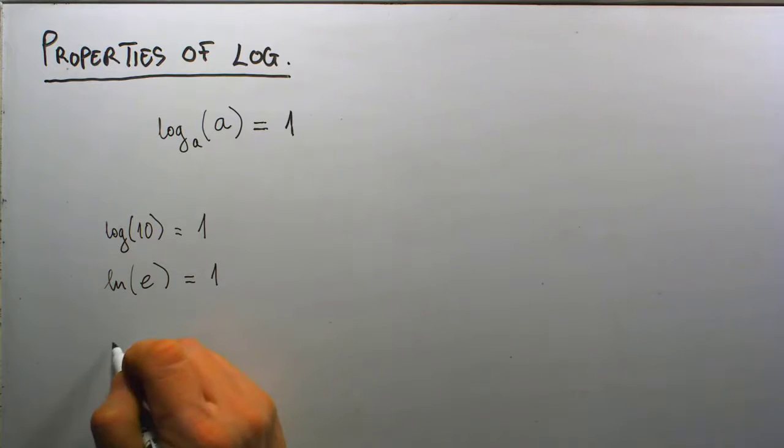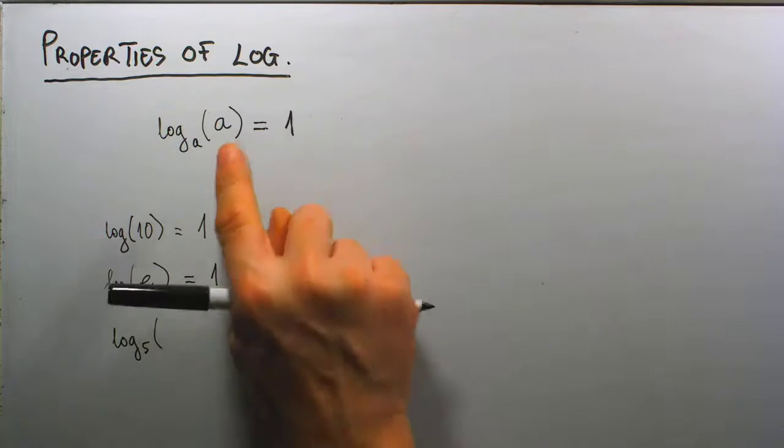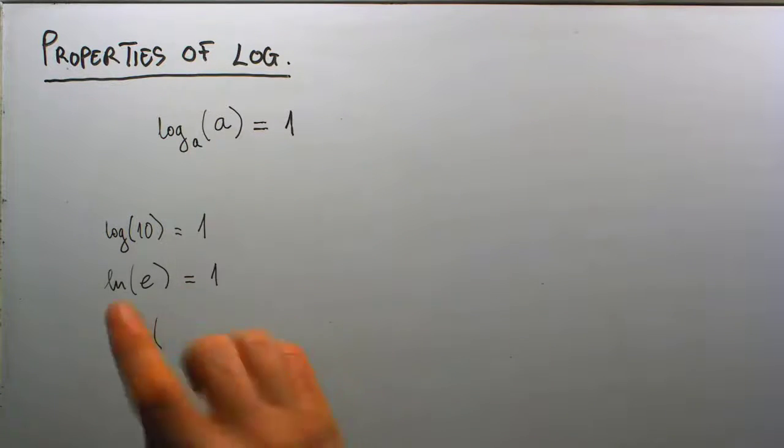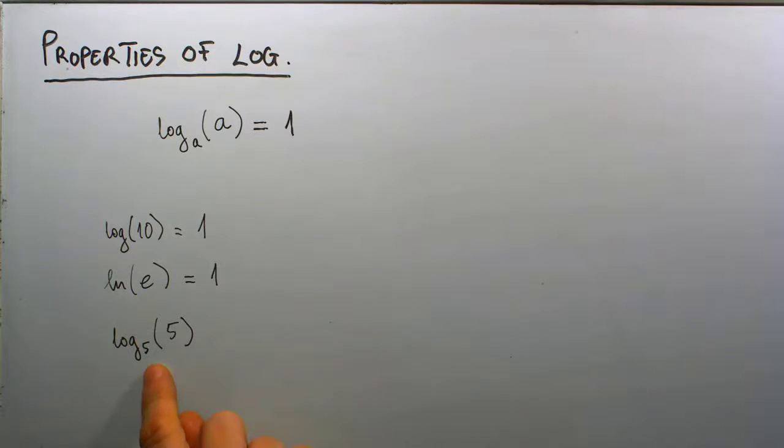Okay. And now we can start stepping out of these commonly seen logarithms. Let's look at log base 5, which is not immediately available as a key on any of the calculators. Log base 5 of 5. The idea is the number that we're taking the log of is exactly identical with the base of the logarithm. You can mentally see what the answer is, but let me convince you through an actual calculation.